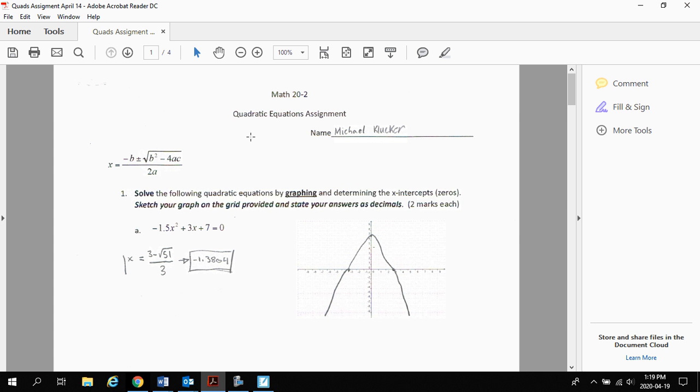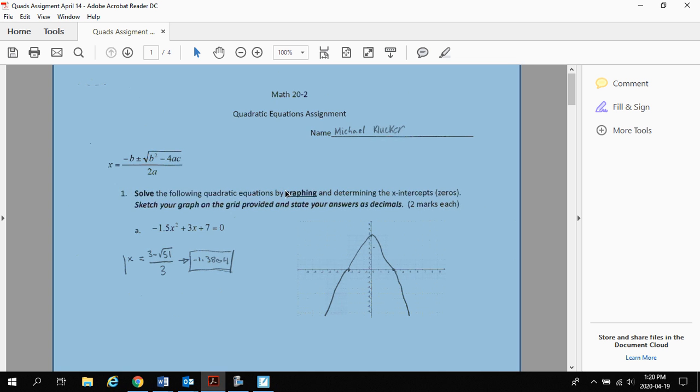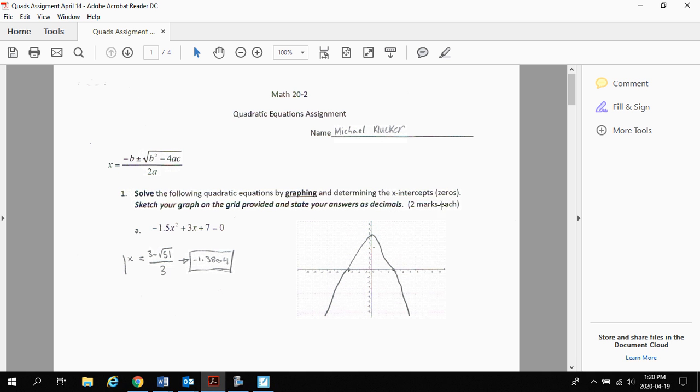Looking at your assignment, the very first one says solve the following quadratics by graphing and determining the x-intercepts or the zeros. So you've drawn it on here. Your sketch is a little funky if I'm not mistaken. It should have a maximum of around 7 right here.